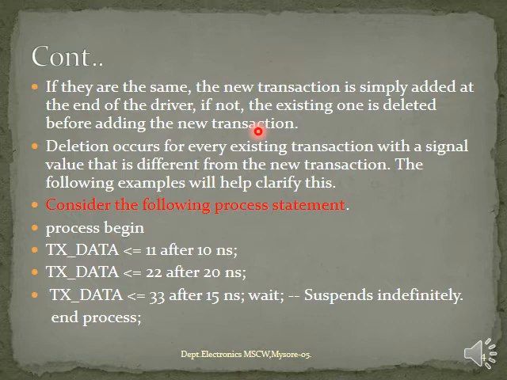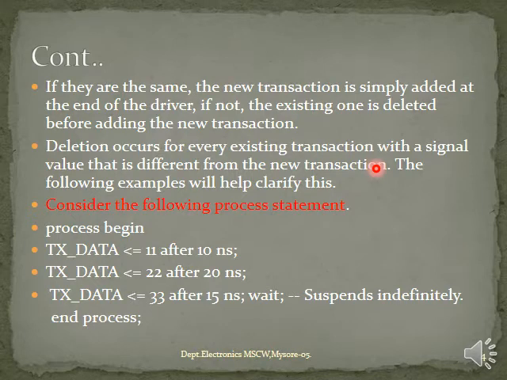Remember that deletion occurs for every existing transaction with a signal value that is different from the new transaction.